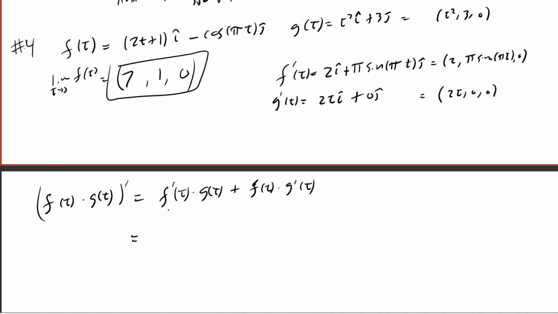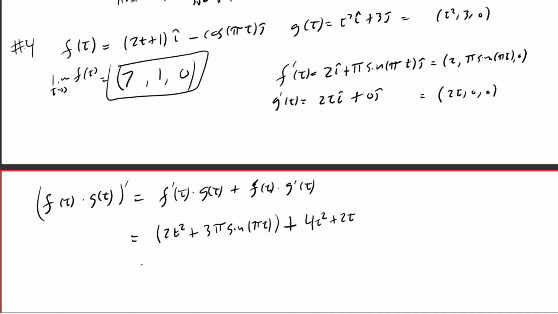So f prime dot g is going to be 2t squared plus 3 pi sine pi t. That's the first term, plus f dot g prime, that's just going to be 4t squared plus 2t.